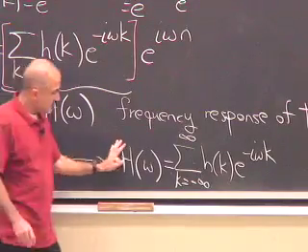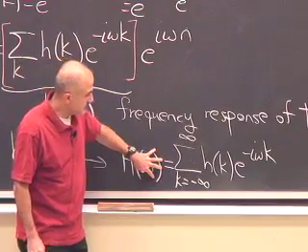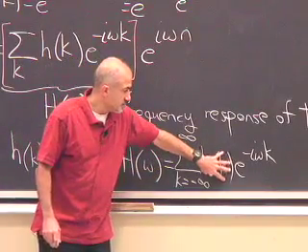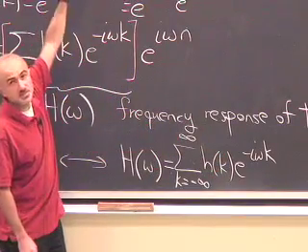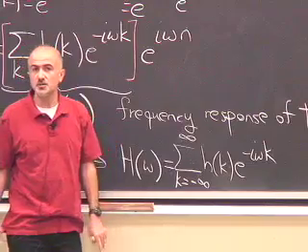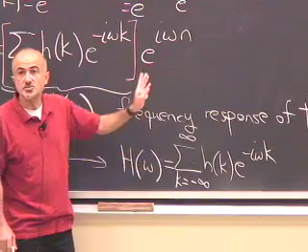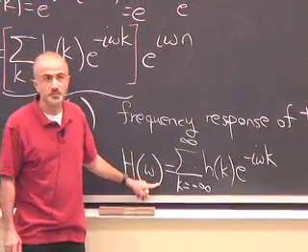So right now we have this function of omega that tells us how the impulse response in the time domain maps to how this system treats various frequency components. Notice this is dependent on omega. As you change omega, the value of H of omega will change in general.